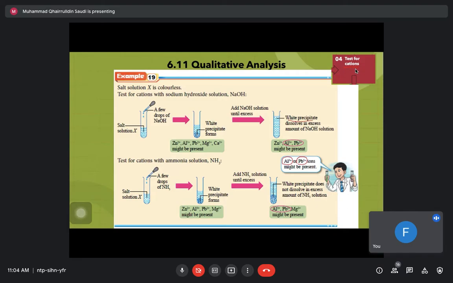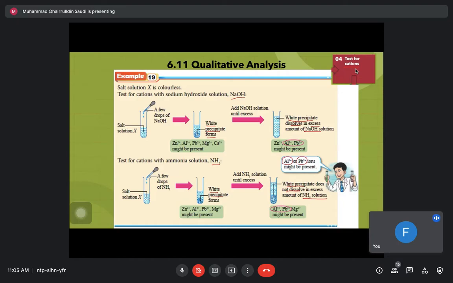They will have white precipitate forming when we add sodium hydroxide, and both of the white precipitates will dissolve in excess sodium hydroxide. They also have the same observation when we add ammonia. Both of them will have white precipitate form, and both white precipitates do not dissolve in excess ammonia.